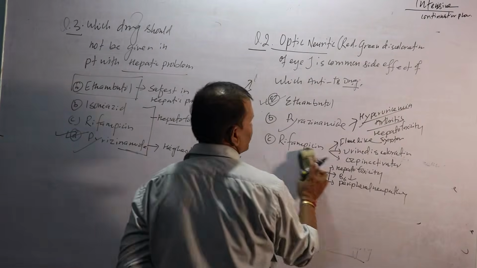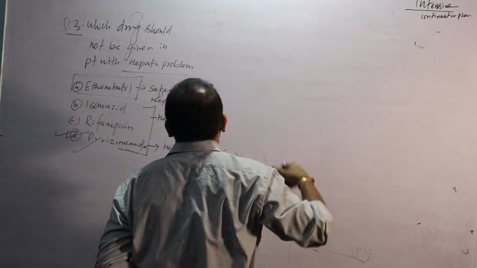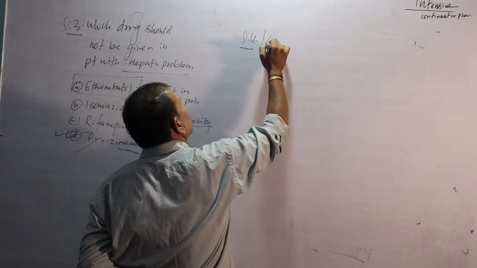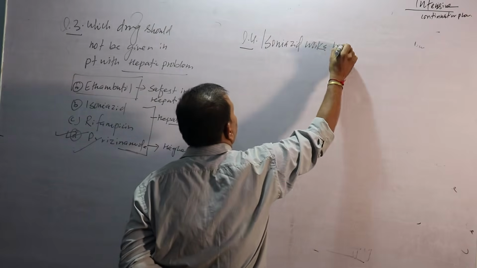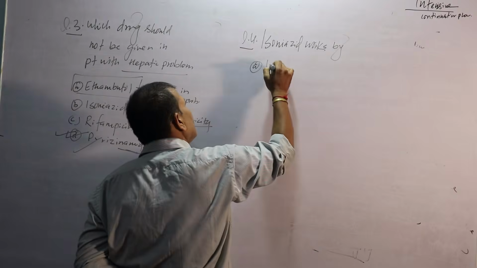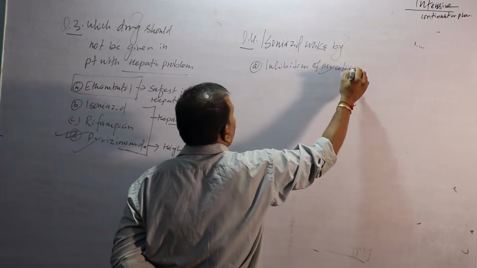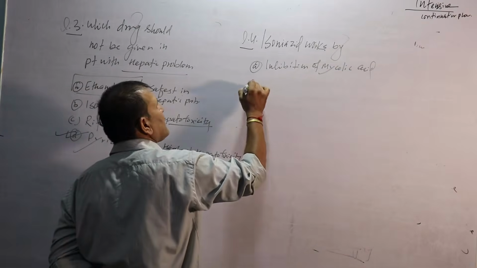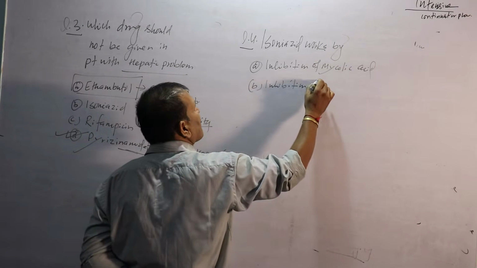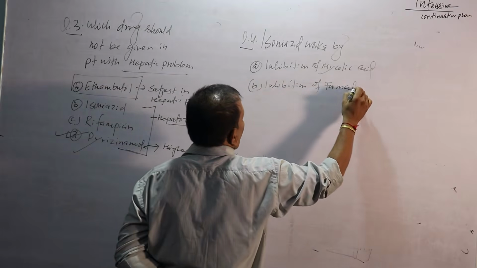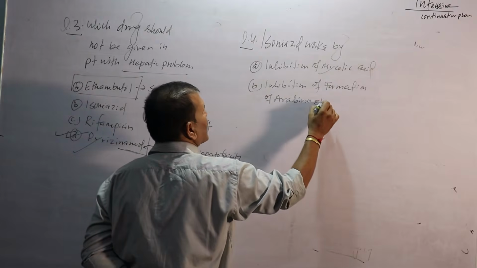Now question number 4. Isoniazid works by: A, inhibition of mycolic acid. B, inhibition of formation of arabinoglycan layer.